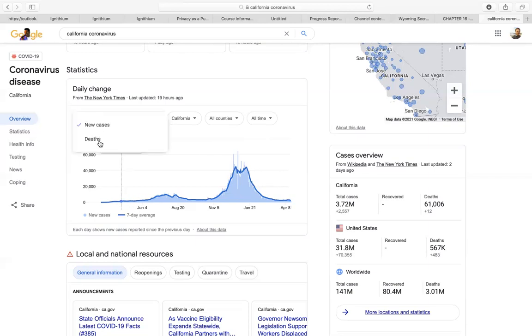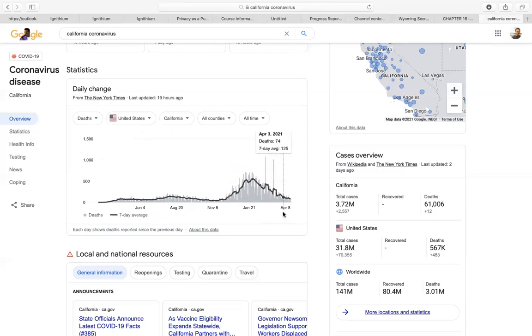But if you look at the deaths, you're like, oh, look, all those people that are infected, they're not having severe illness. They're not dying. They're not really getting sick because they've been vaccinated or they have some immunity.